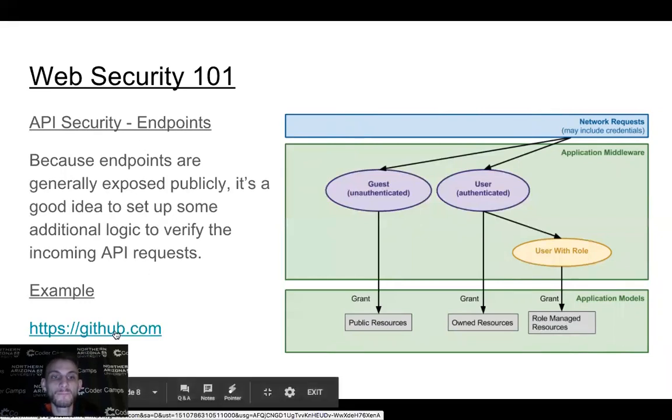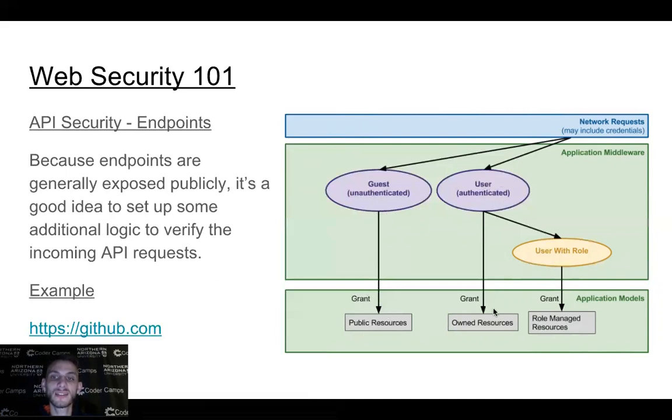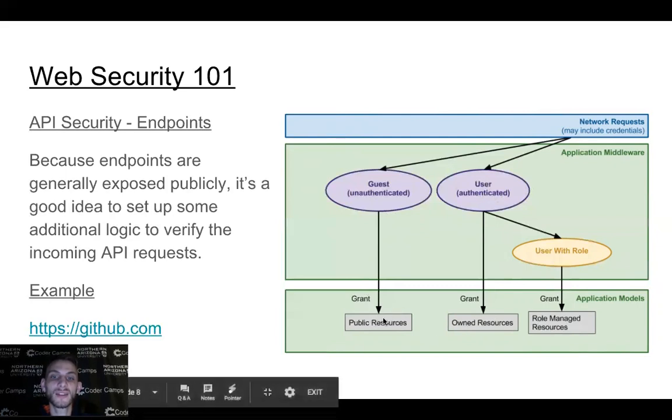When we go to GitHub and we are not logged in, we have guest access, so we can look at public resources, but we can't look at anything else. When we are logged in, authenticated as a user, we can look at public resources and our own resources.